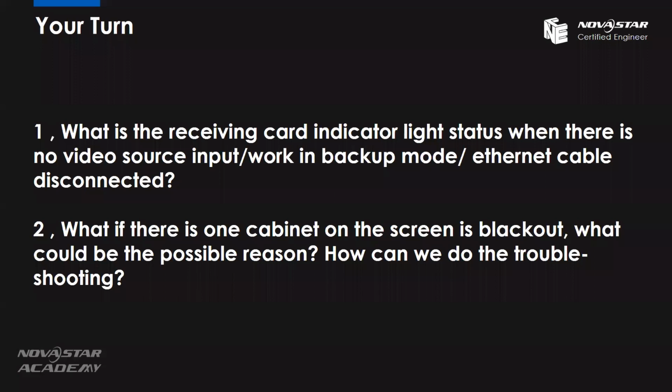If it's working in backup mode, it'll be a quadruple blink, then a pause, and a quadruple blink. And if the Ethernet cable is disconnected, it'll be a slow blink, one blink every 5 seconds. Well done. Very good, you are totally correct. Thank you. Any volunteers for the second question?